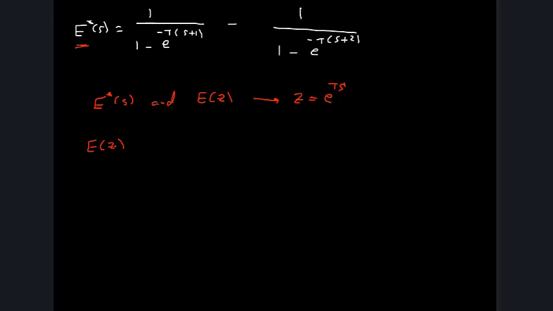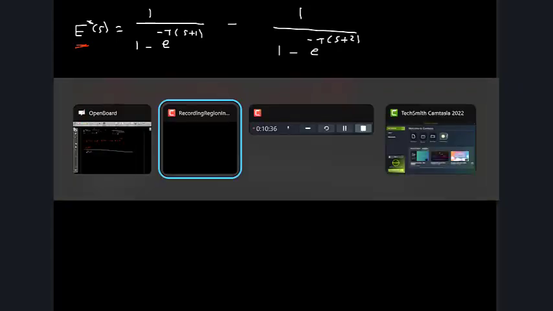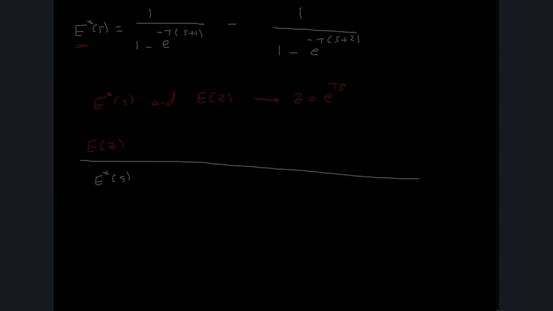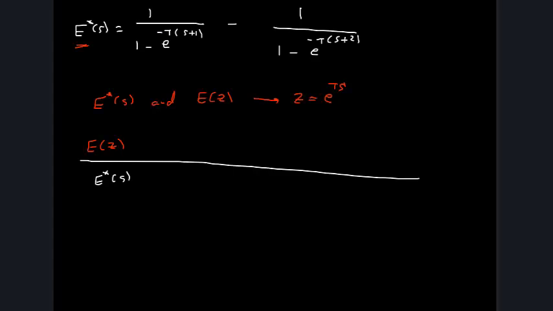How we can do that? Now let's see. So now we need to find a method to calculate E of z from the same formula we calculated E star of s.